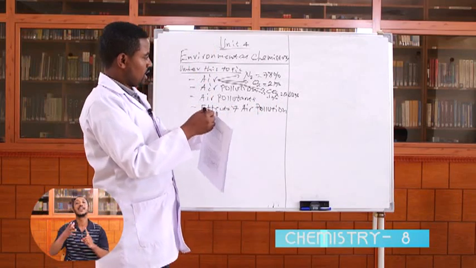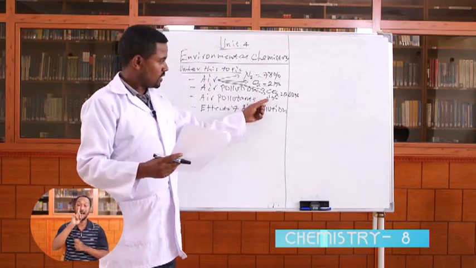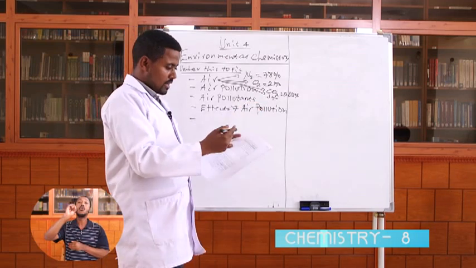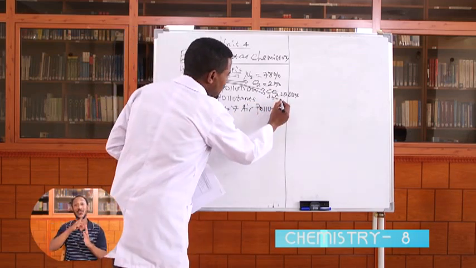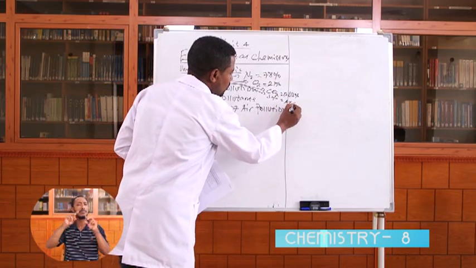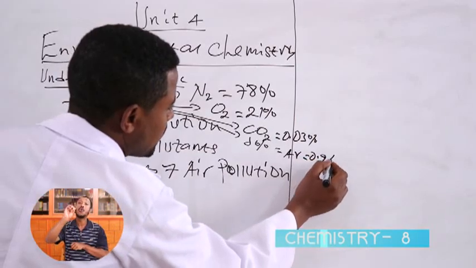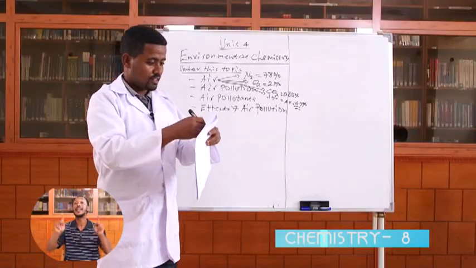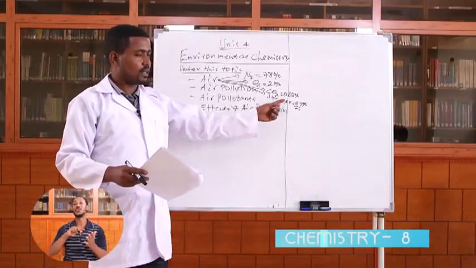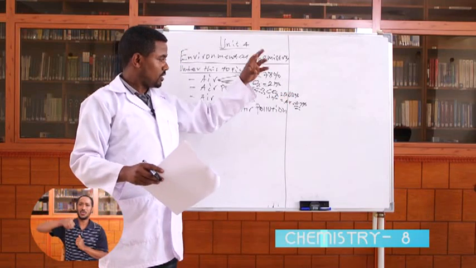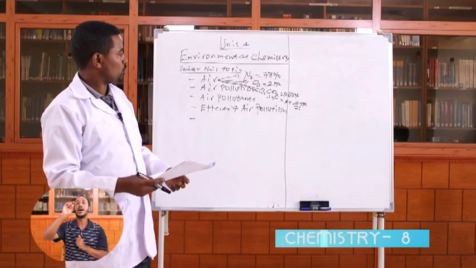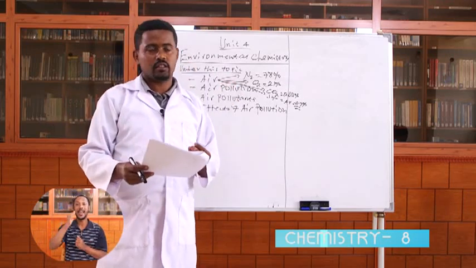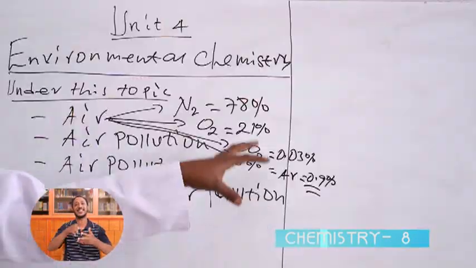From this 1% covered by noble gases, the noble gas argon contains 0.9%. So, argon is the most abundant noble gas in the atmosphere. So, air is a homogeneous mixture of these gases.